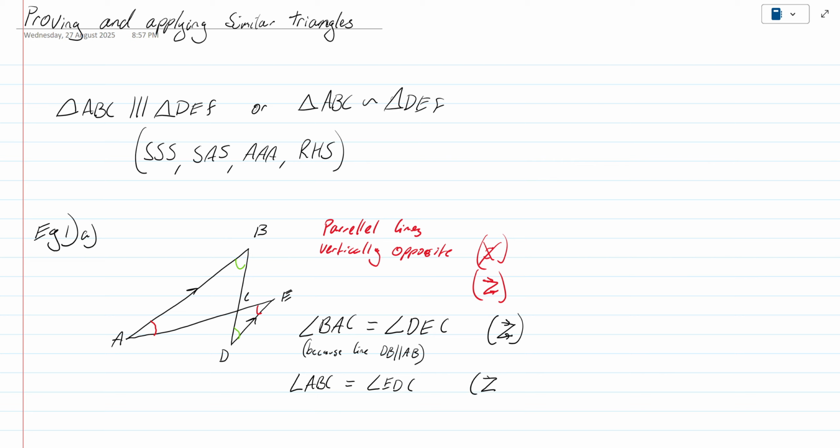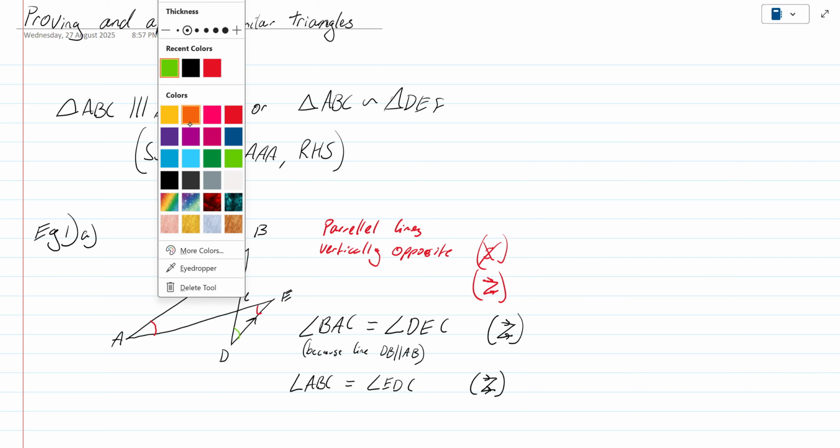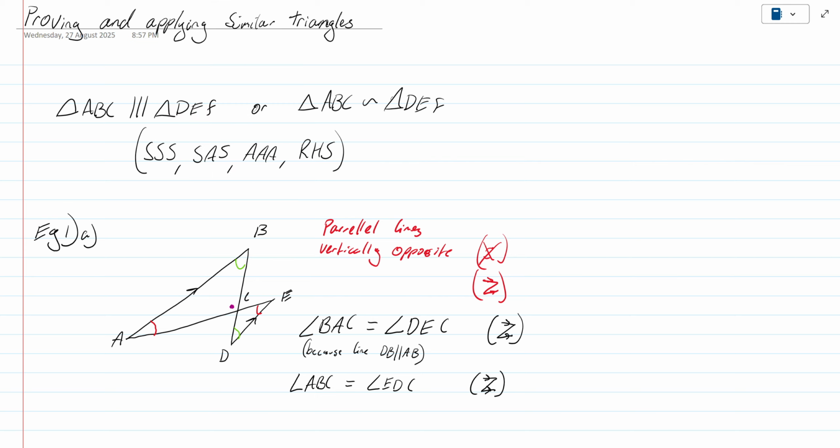Really important that you include your rule for the proof. That's your reasoning. And then vertically opposite angles, as said earlier, we have angle ACB is equal to angle ECD. And that rule is our vertically opposite rule.